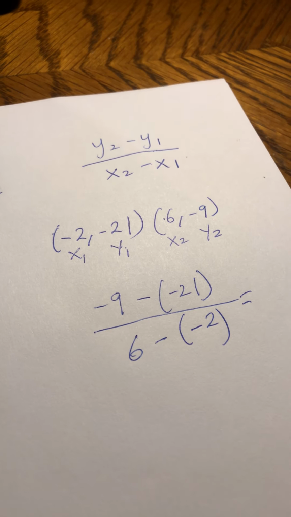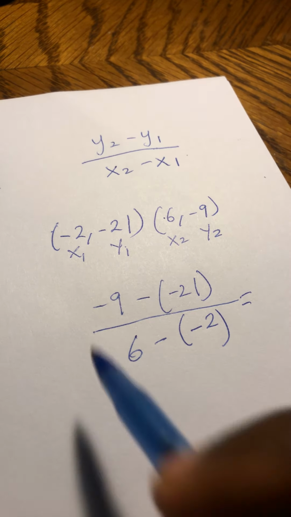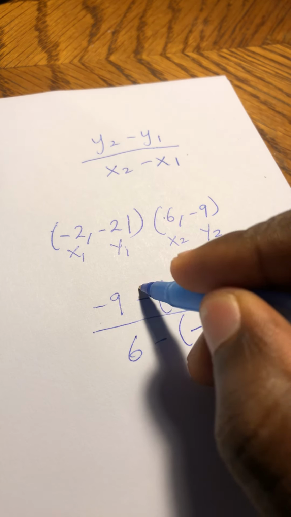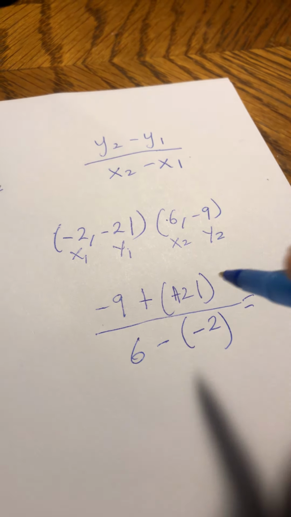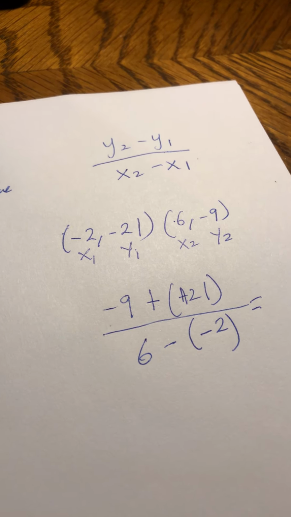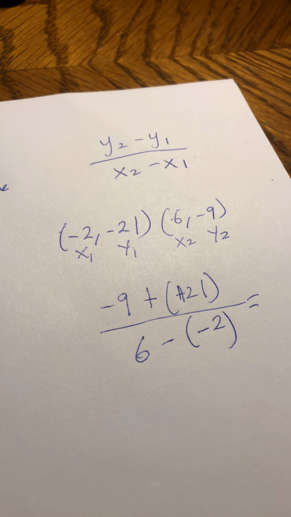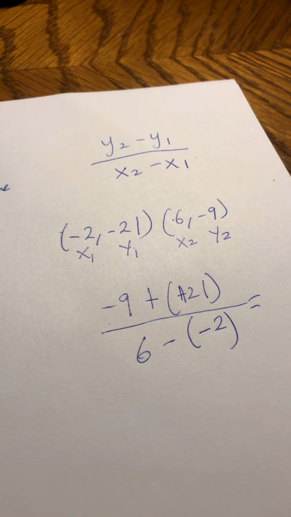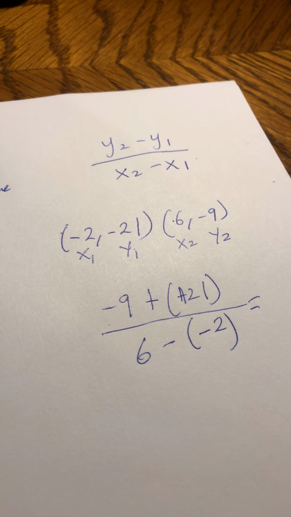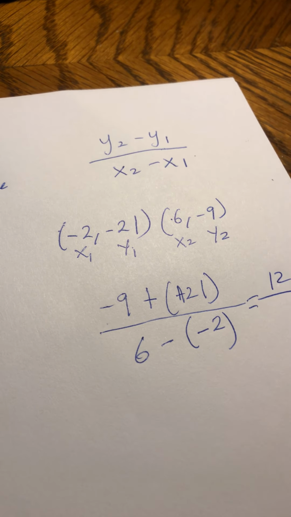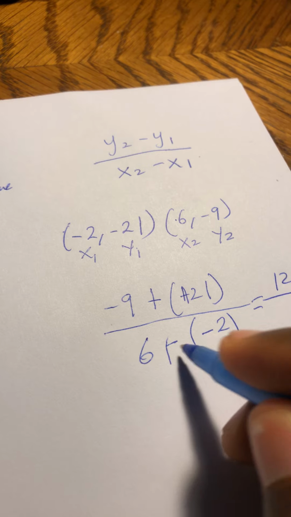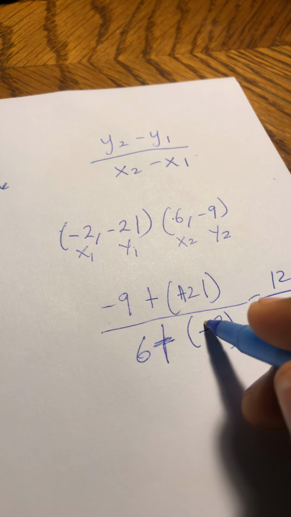Okay? So negative 9, I'm going to keep, flip, change. So that is saying negative 9 plus 21, that's going to give me 12. And then keep, flip, change.